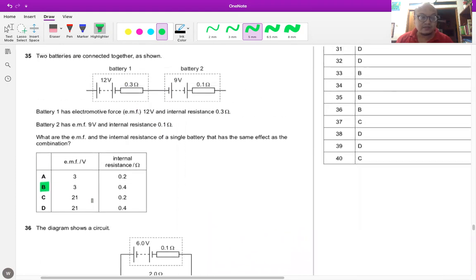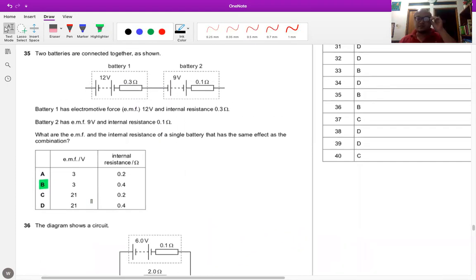Okay, let me check this question together. Two batteries are connected together, battery 1 and battery 2.